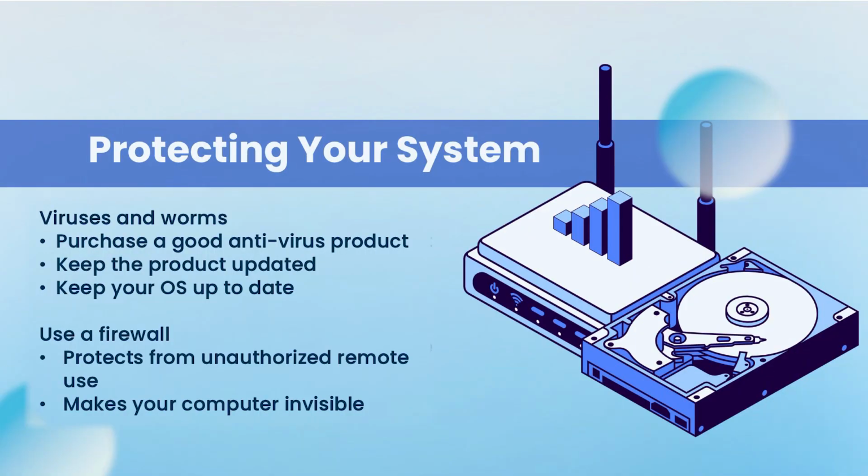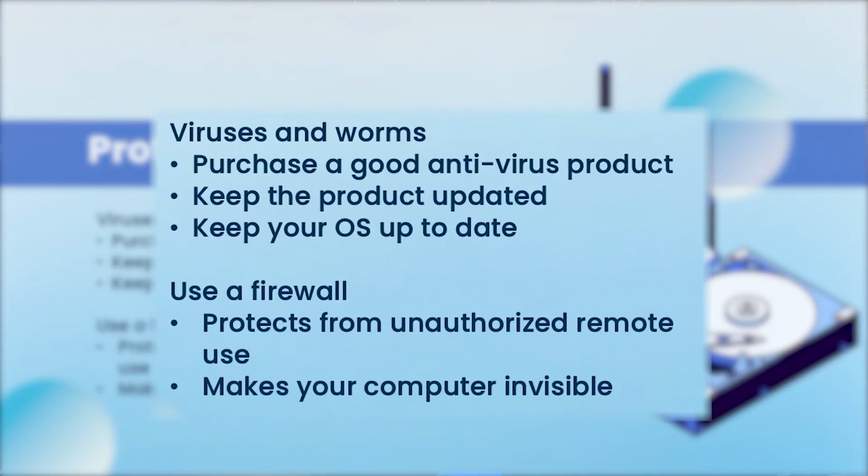The next thing is protecting your system. What you can do against viruses and worms. There are different techniques to protect against viruses and worms. The first thing is, do not visit websites that do not have any useful information for you.